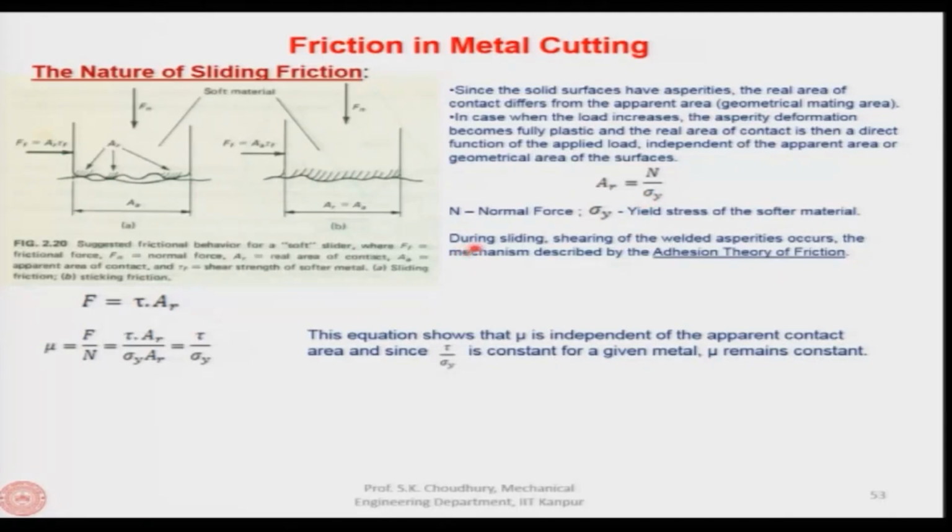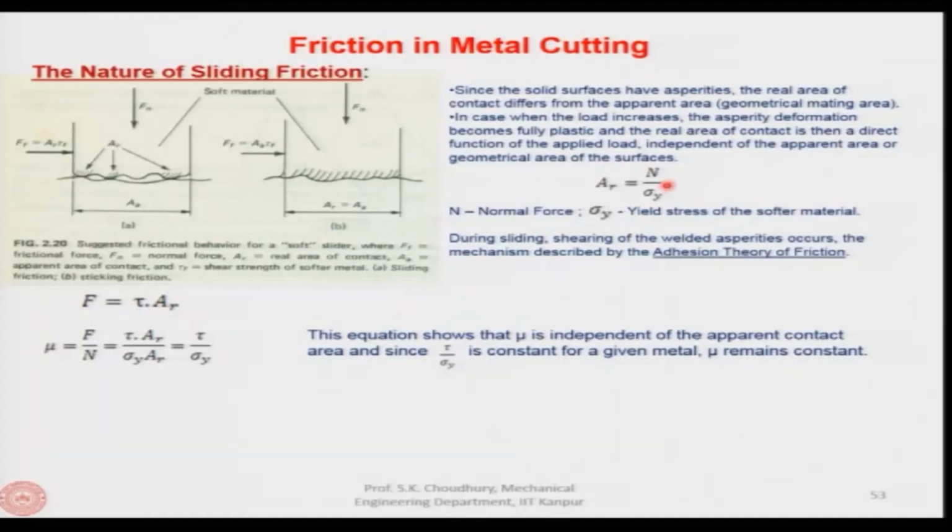Now, when they start sliding on each other, these welded asperities will be broken, and the mechanism is described by the adhesion theory of friction, which gives rise to a formula of the friction force, determined by the product of tau, the shear stress, and the real area of contact between the surfaces.